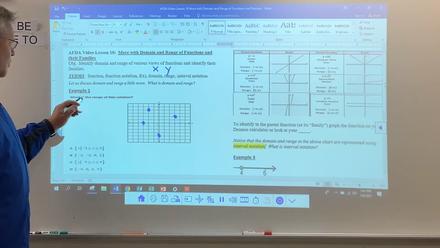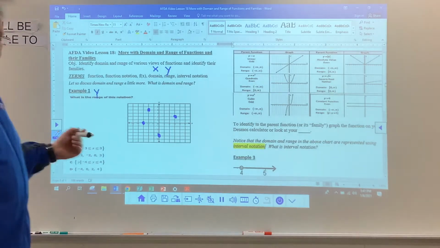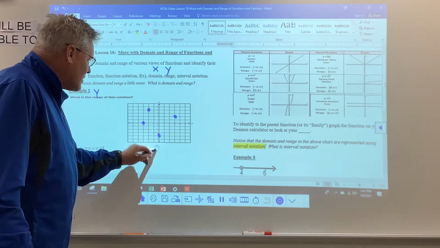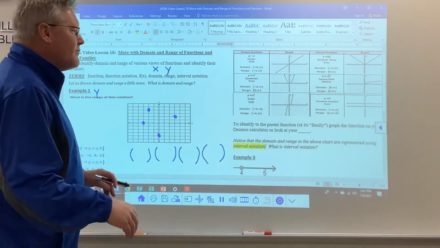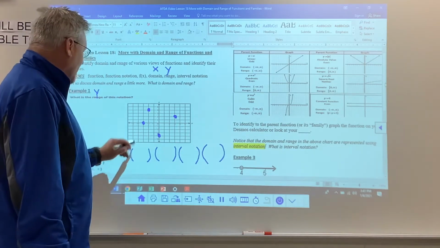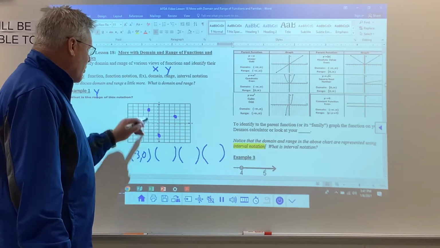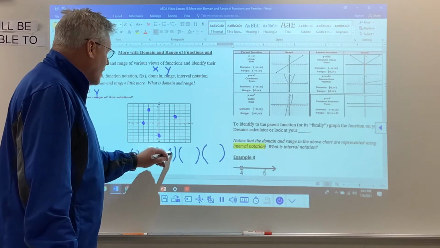So when it mentions the word range, I want you to think about y values. So a couple different ways you could tackle this problem. You could come down here and talk about the ordered pairs here and go ahead and identify those. The first ordered pair we have here is -3, 0. This next point up here is at -2, +4.